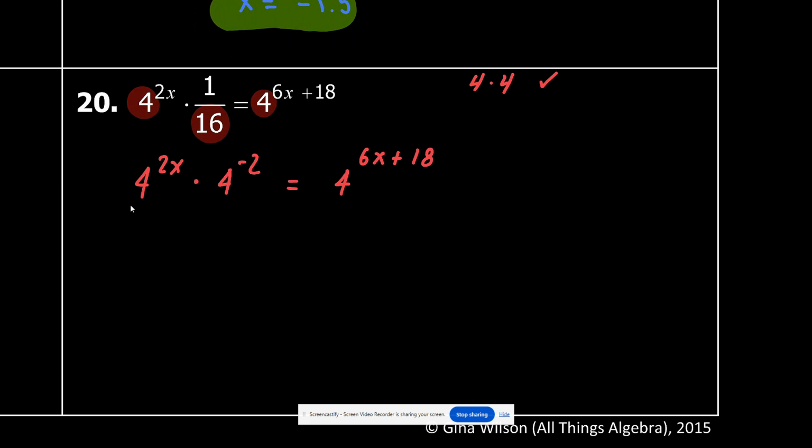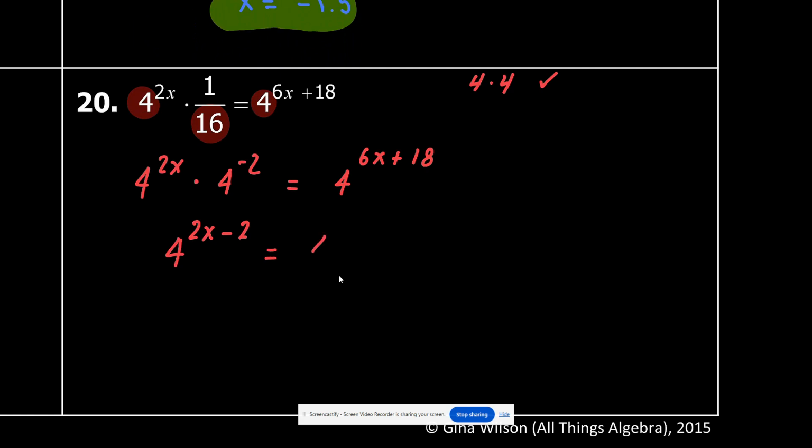It's done. This side, because we're multiplying and the bases are the same, we can combine those by adding our exponents. Well, 2x plus negative 2, remember, you're not multiplying. Because the bases are the same and we're multiplying, we add. So 2x plus negative 2 is 2x minus 2.